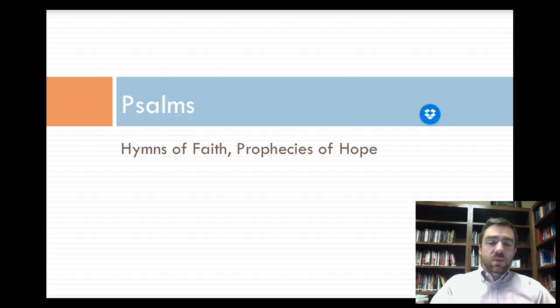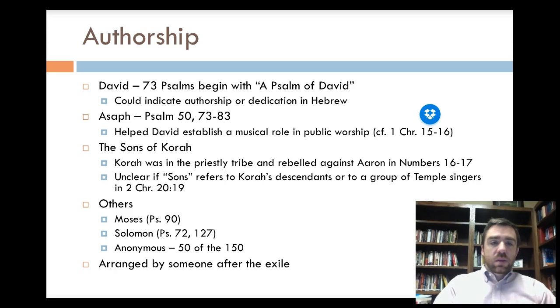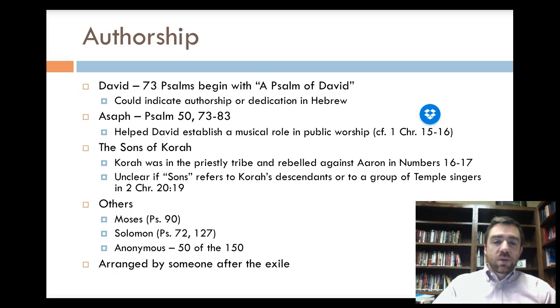So when we get to the Psalms, I'm not going to go over authorship too much. I just want to say that there are at least five identified authors, plus 50 of the Psalms are technically anonymous.